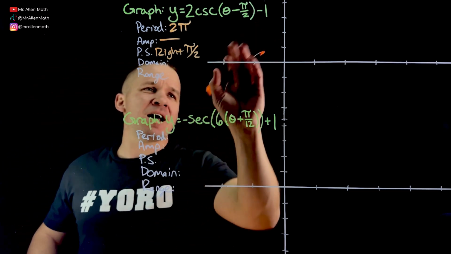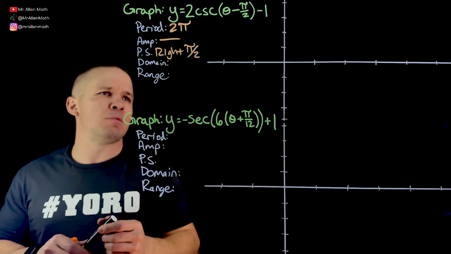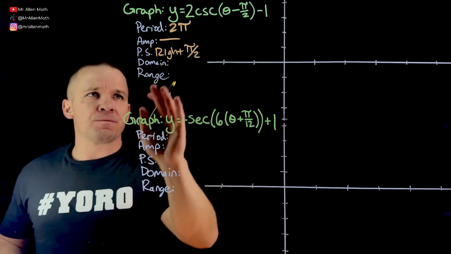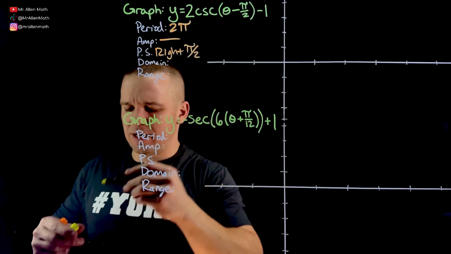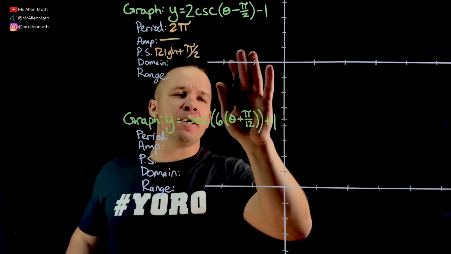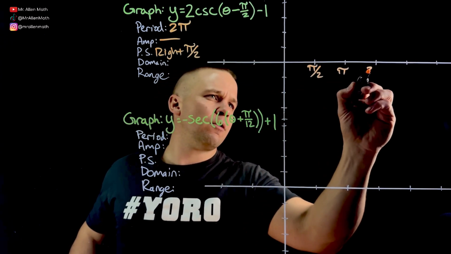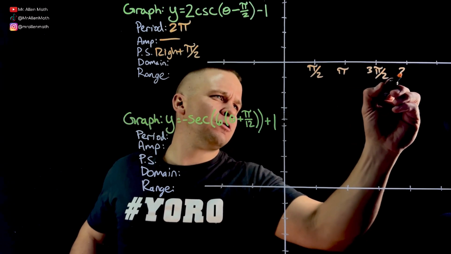I've got this minus 1, and I'm going to lay this out in a neonish marker first. Actually, we should probably scale this first. So no period change, which means we're normal: pi over 2, pi, 3 pi over 2, 2 pi.